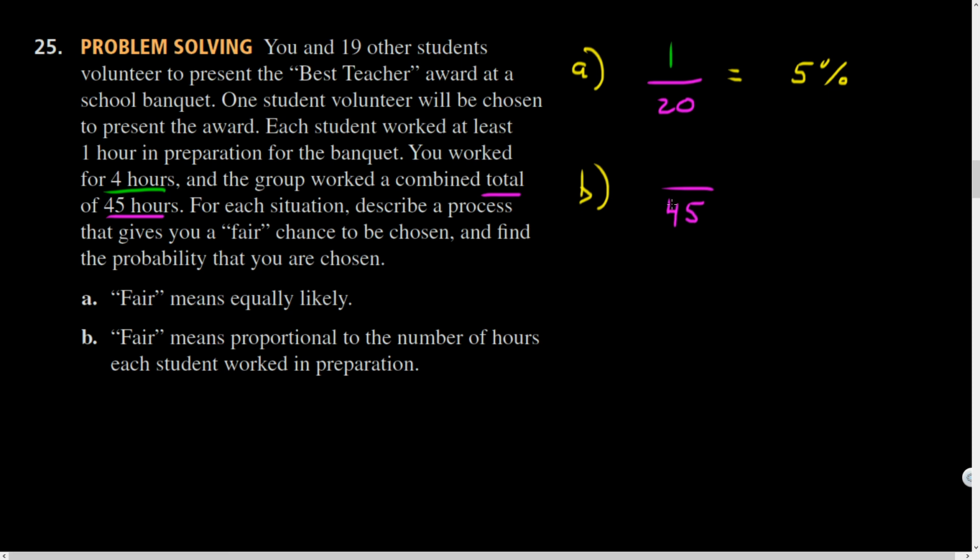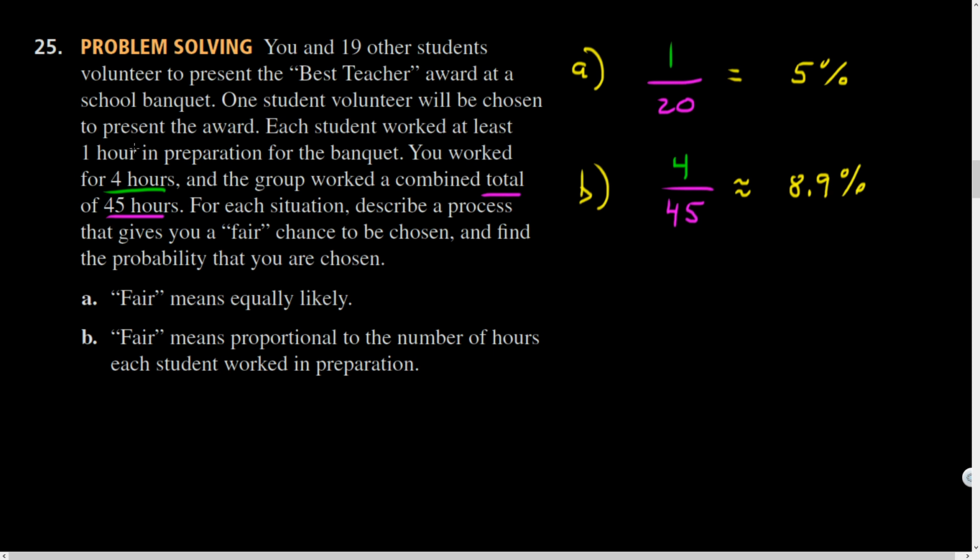Each student would get their name on a piece of paper based on the number of hours they worked. So you would have had 4 pieces of paper in there. Some other students would have only had 1, others might have had more. Your name is on 4 of those pieces of paper, and those are the number of successful ways you get picked, and that would be about an 8.9% chance of success.